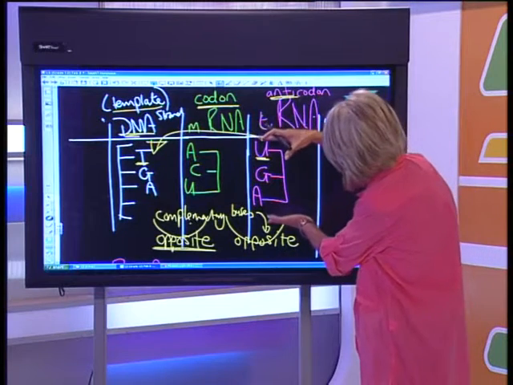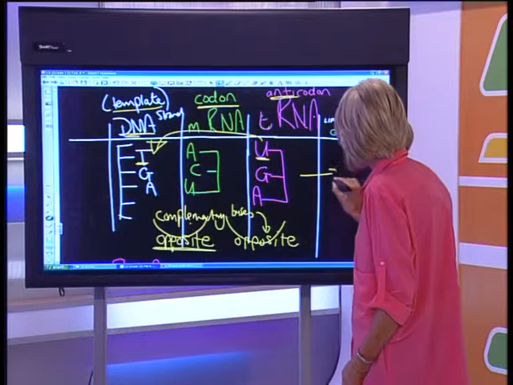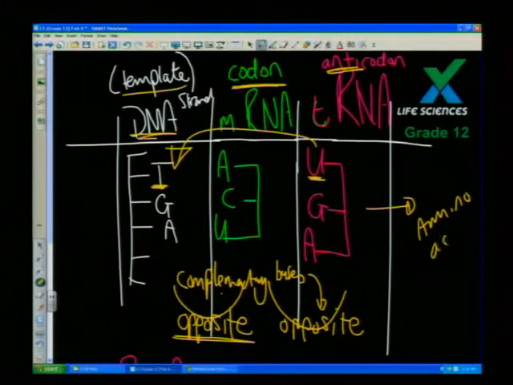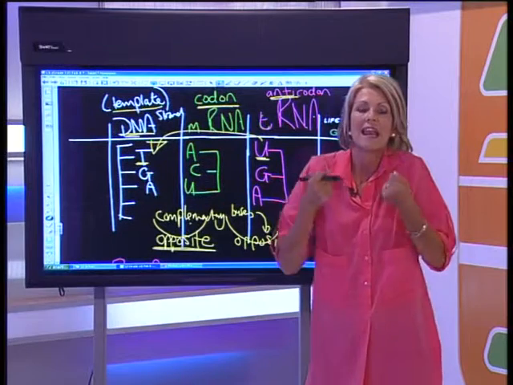And what do we have here? We've got the anticodon for the amino acid. When it is anti-coded like that, we end up with the amino acid. We call the reading of the mRNA by the transfer RNA, creating the complementary bases, translation.